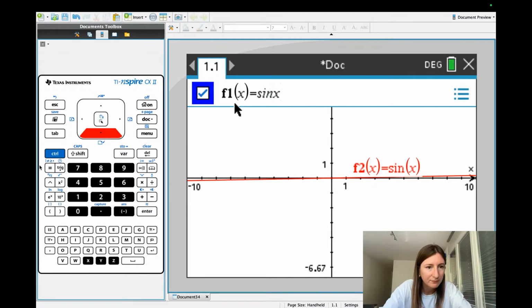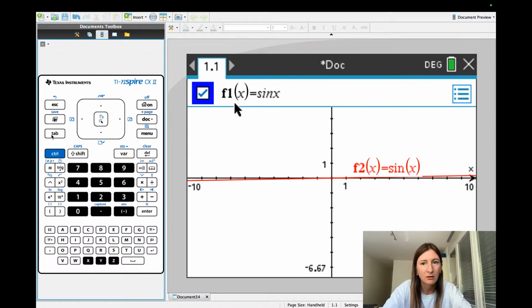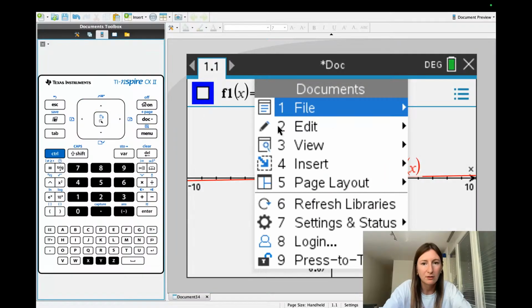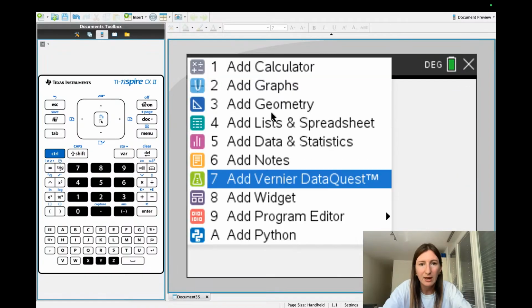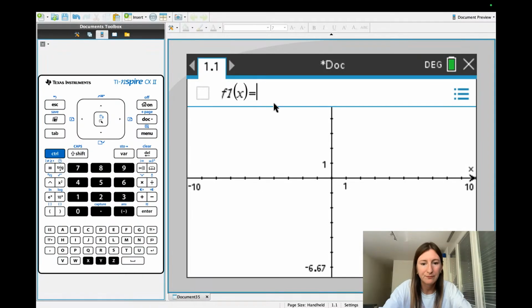I need to remove that one. It's messed everything up, so I'm just going to start with a new graphing page. If anything weird happens, just start again.